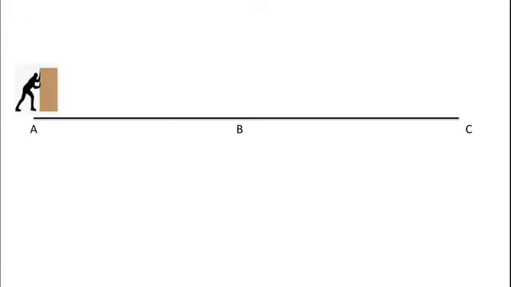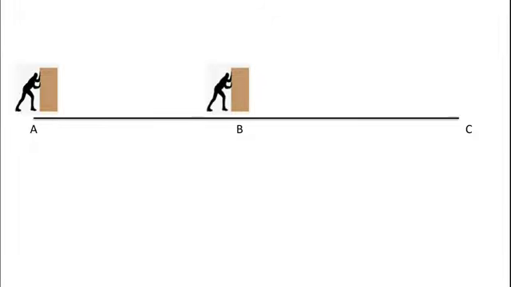Now students, let us consider this situation. Here you can see that there is a man who is displacing this large block through the horizontal line AC. Now what happened? He displaces this block from A to B at a faster rate, but after reaching B, he feels tired, and now he displaces the block from B to C at a slower rate.